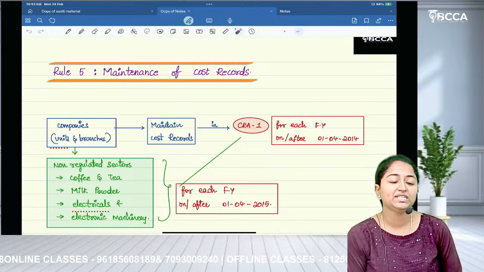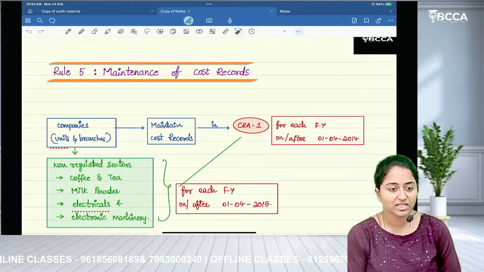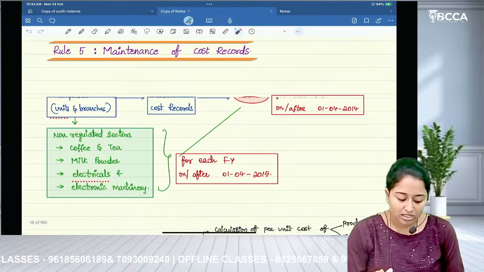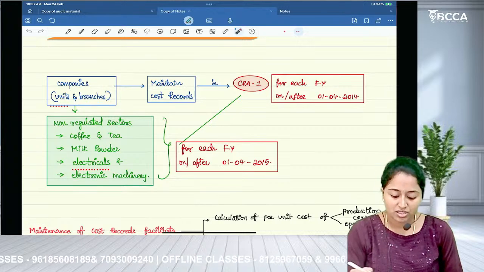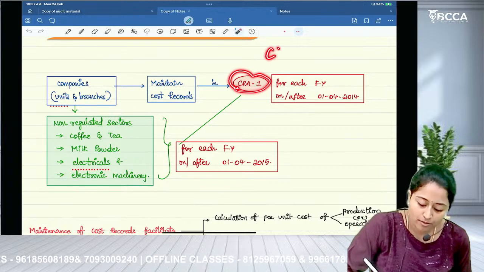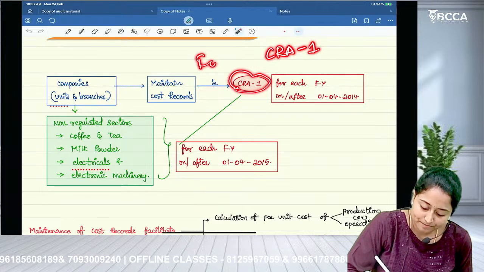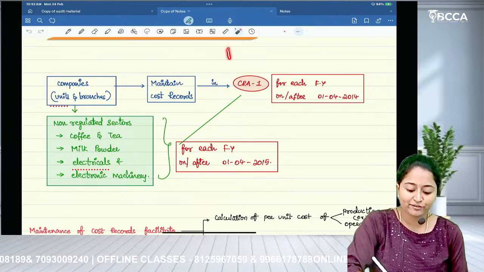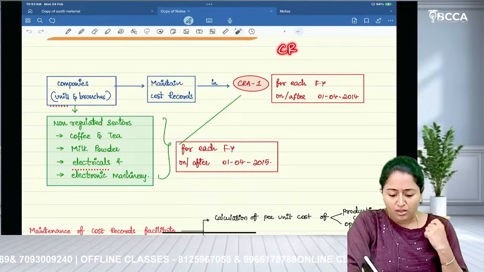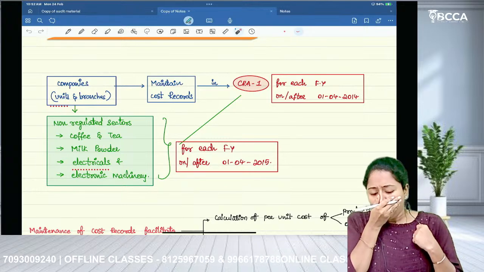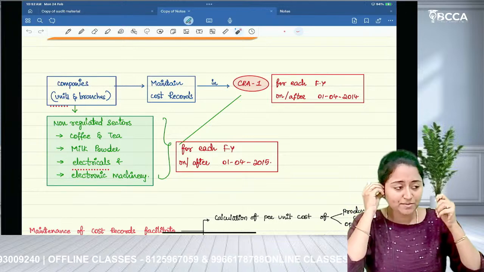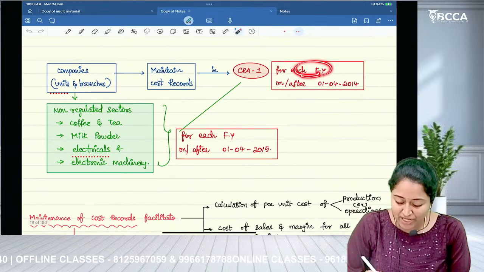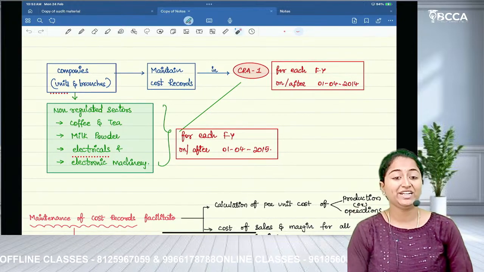Now, for which companies cost records should be maintained, we have seen in rule 3, isn't it? Now, from when they have to maintain cost records is given under rule 5. For companies, units and branches, they have to maintain it in form CRA 1. Maintenance of cost records is to be done in Form CRA 1 for each financial year on or after 1st of April 2014.